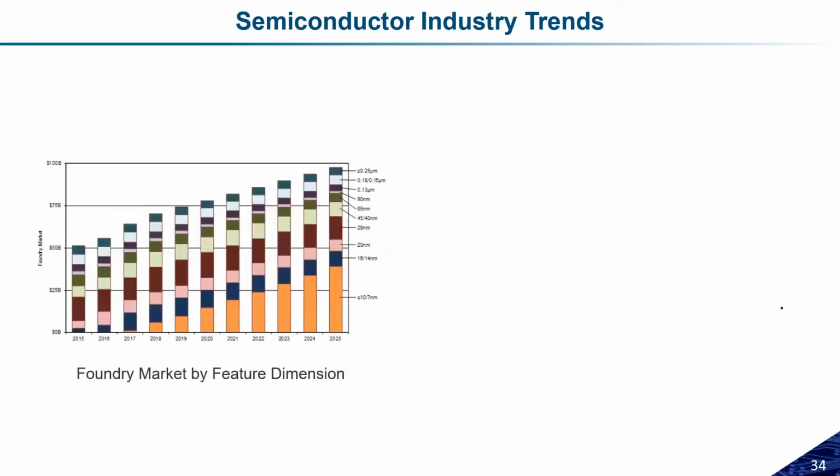Next, the last slides. If we talk about the different foundries, by 2025 most of the ICs will be fabricated with 7 nanometer technology, while in 2021 this much portion is covered by 7 nanometer. This is the trend for the different technology nodes and the market of all the technologies.